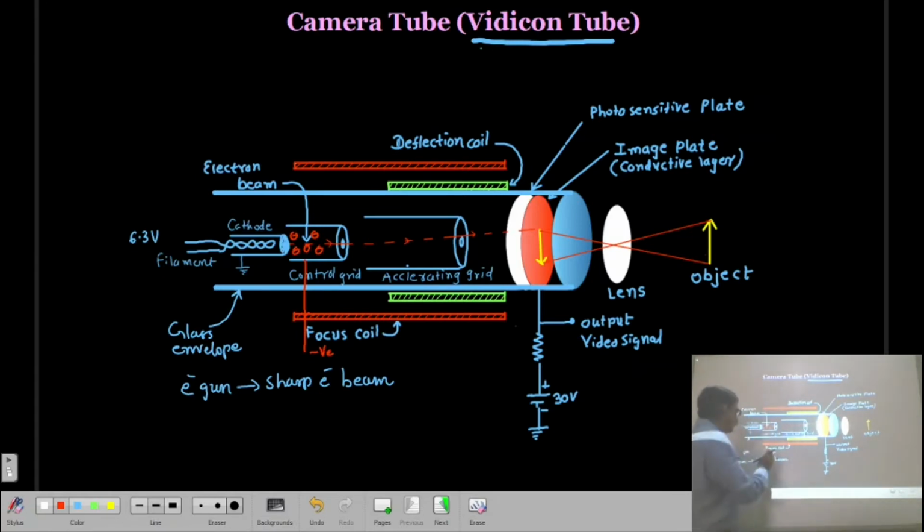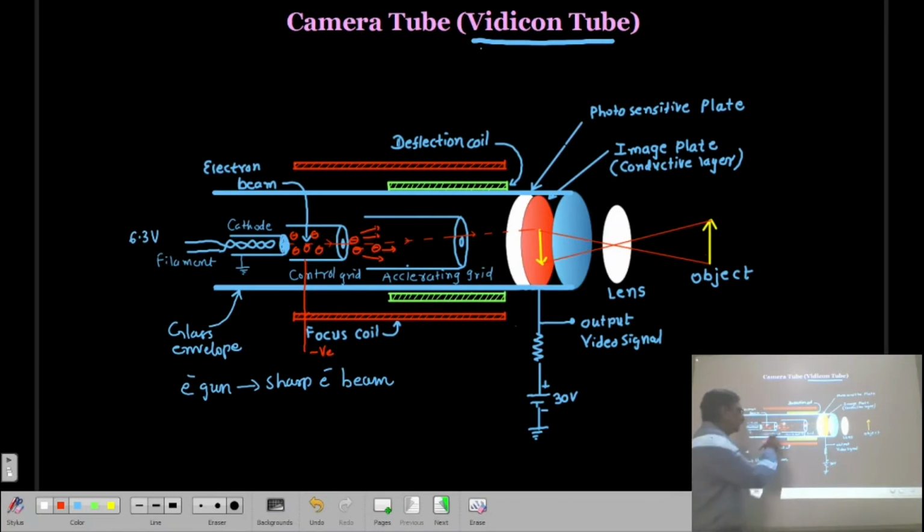Now due to this negative potential, and since the electron has a negative charge, there will be a kind of repulsion. Only the electrons which have a higher amount of energy will come out from this control grid, remember. Whatever electrons come from the control grid are going to be scattered.